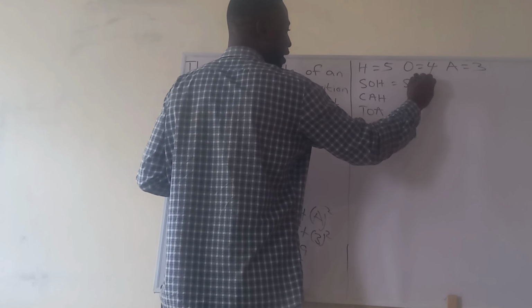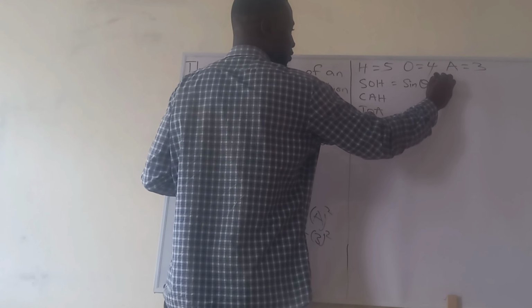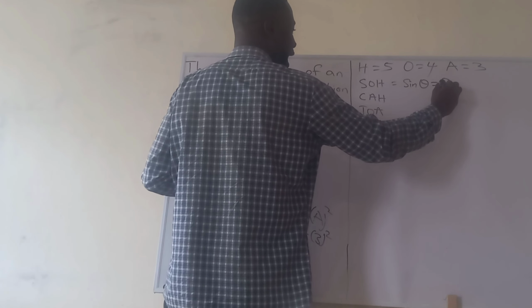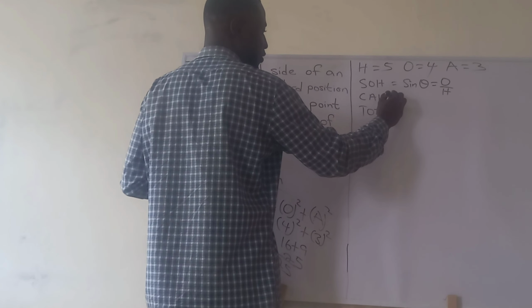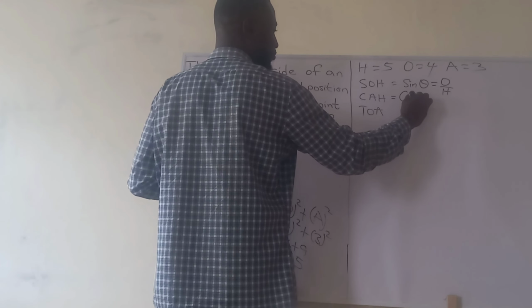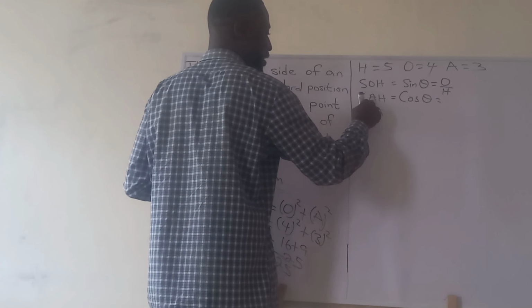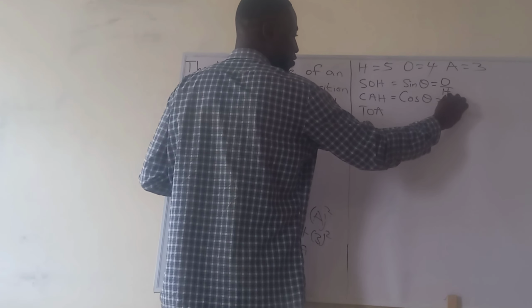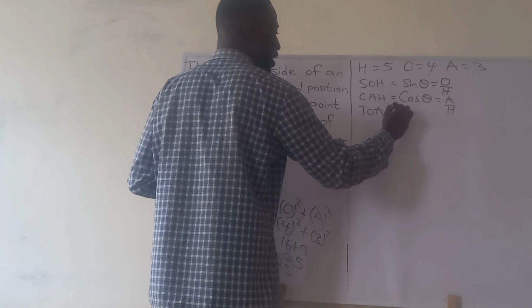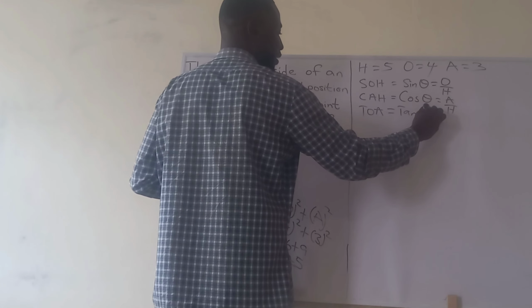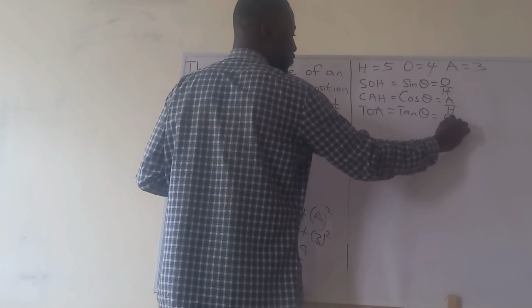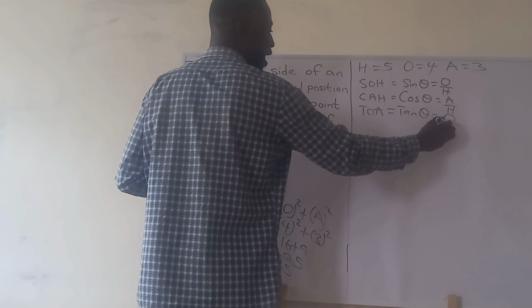So sine theta equals opposite over hypotenuse. Cos theta equals adjacent over hypotenuse, so A over H. And our tan theta equals opposite over adjacent, O over A.